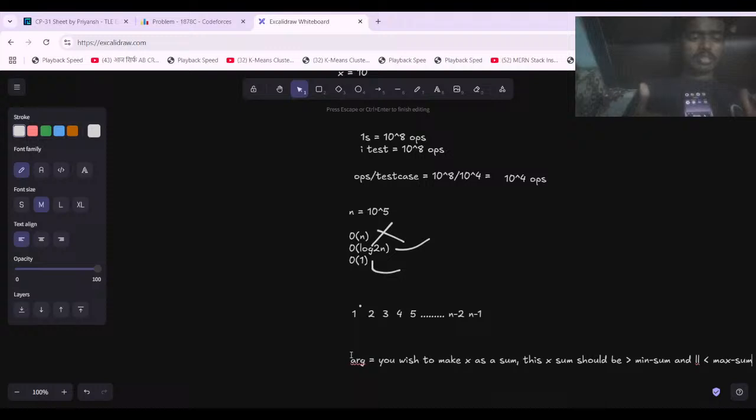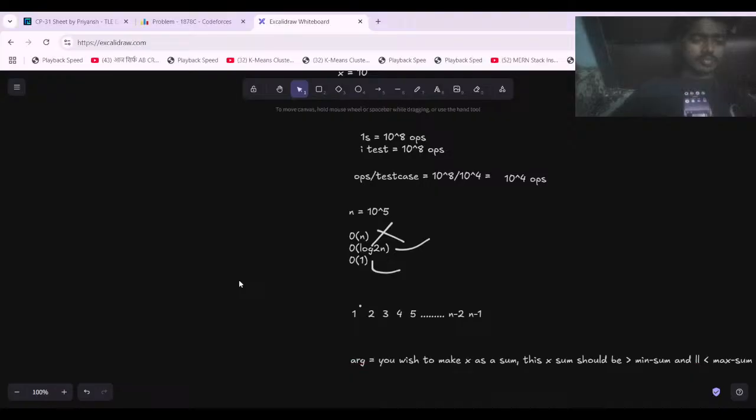That should make sense. Now this argument is, since x should be within the range, it should be greater than or equal to min sum and less than or equal to max sum. If it is, then yes, you can create it.